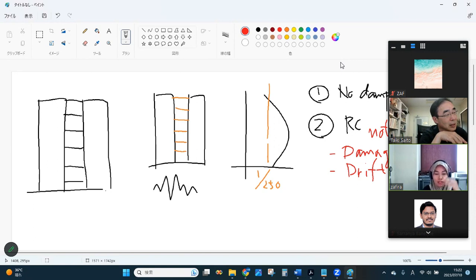After that we focused on metallic and damper. I think last time she said the size of the RCB is 600 times 300 or 200 mm.